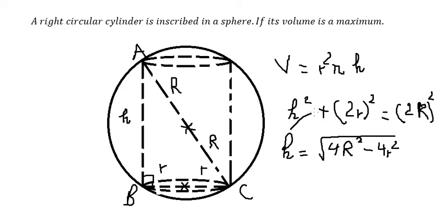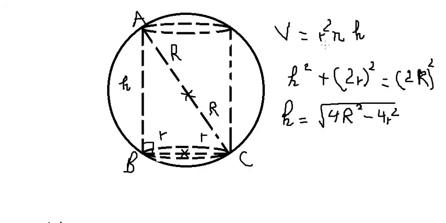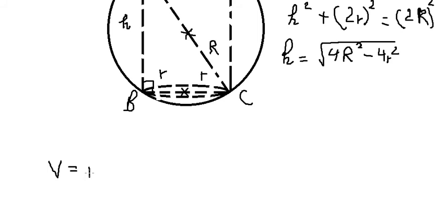So we put this in here, and now we have the equation in terms of r: r squared pi times the square root of 4 capital R squared minus 4 small r squared.